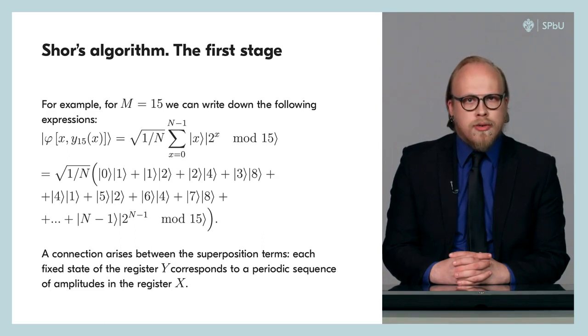If we continue to write the terms of the superposition further, we will see that the values of the second register can take only one of four values, 1, 2, 4, and 8. In particular, it is clear that since there are four different values, the period of the function ym in our case is equal to 4. In practice, we cannot know that for sure, since we cannot measure the entire superposition, so we will continue to consider the algorithm.